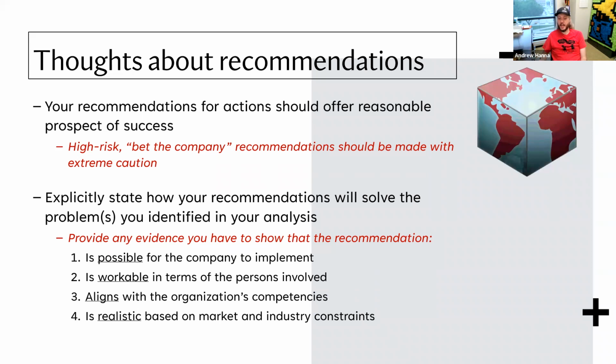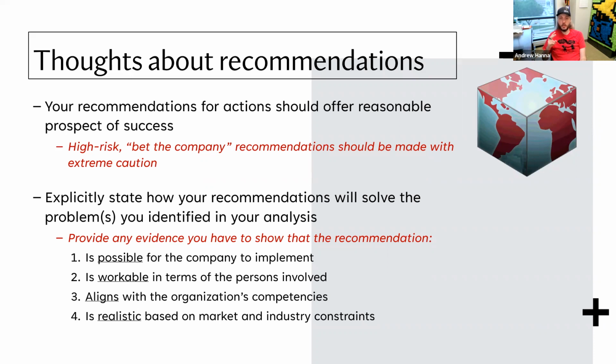Give me an idea of how those things will materialize into some favorable outcome performance-wise for the organization. And just tell me why. Tell me how your recommendations solve the problem you identified early on in your write-up. And keep in mind that if you're giving me a good suggestion, it will be possible for the company to implement.